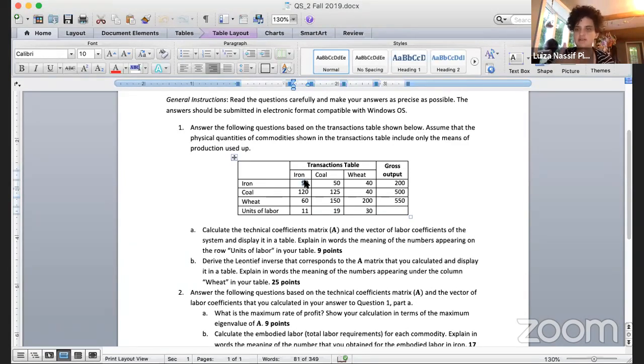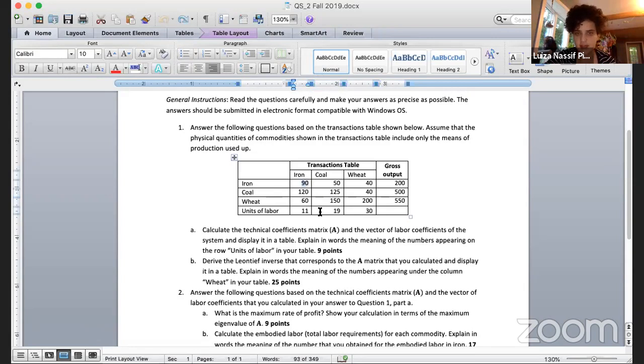So iron is measured in some kind of ton or something. Same for coal. So these are quantities, not prices. So you cannot just sum up those things. There's no common unit of measure here.